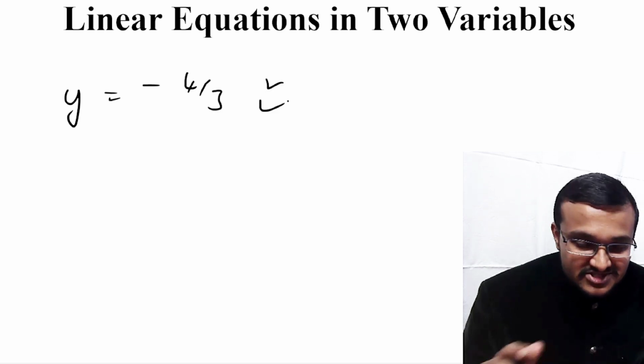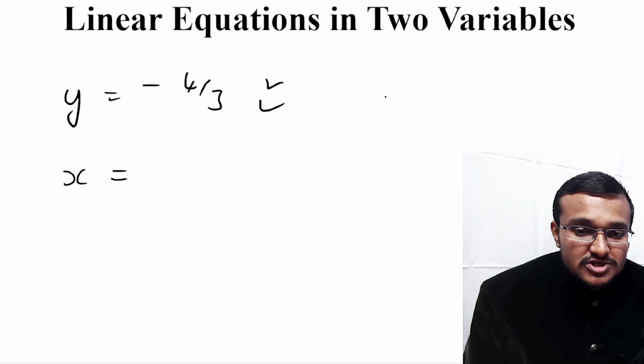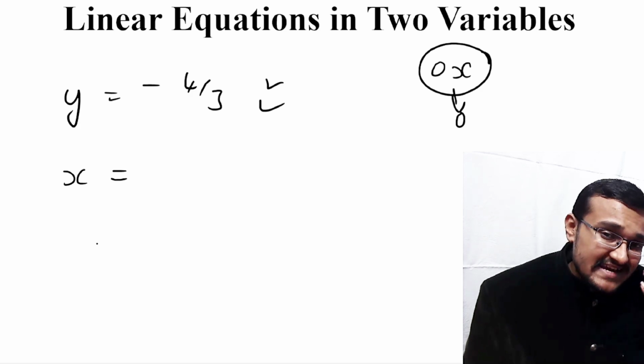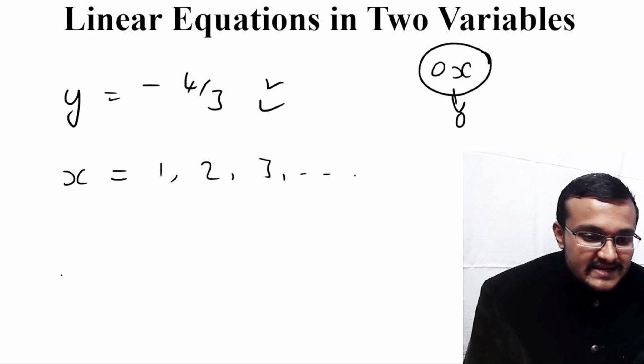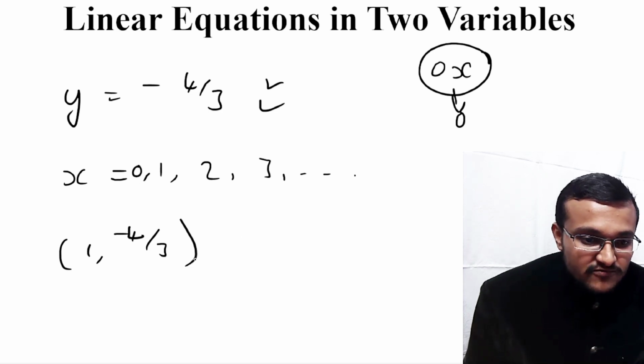So the y value is fixed, that is minus 4 by 3. This cannot be changed, and you can put any value for x, because when x is multiplied with 0, the entire term becomes 0. So you can take any value for x. You can take 1, 2, 3, any value. So (1, minus 4 by 3) can be one solution. You can also take 0 for x.